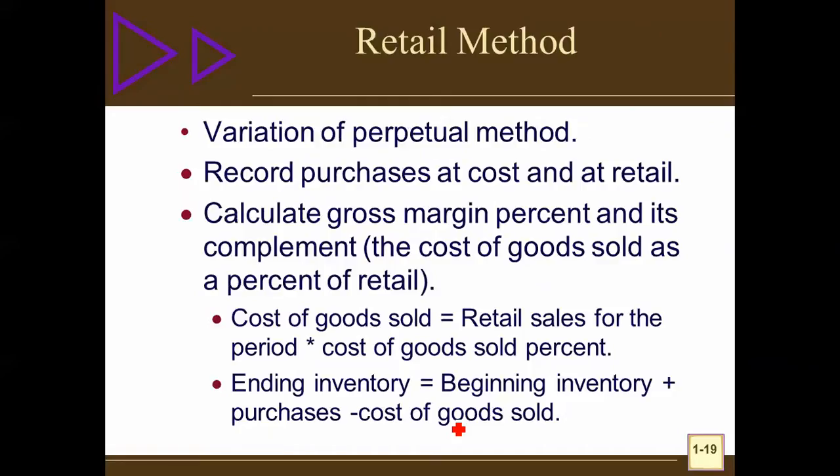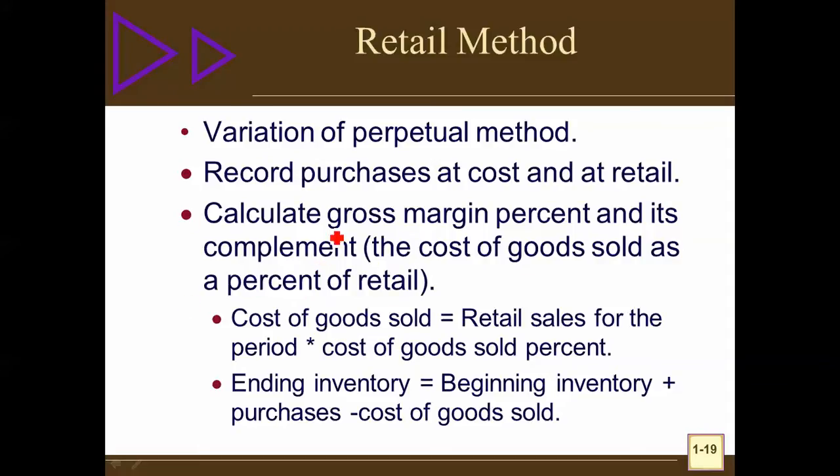If you don't use those methods, there's another way, and that is to determine the gross profit percentage or the gross margin percentage, whichever way you want to look at it. You record what you purchased. So I purchased things for 40 dirhams and I sell them for 60. So I mark them up 50%.